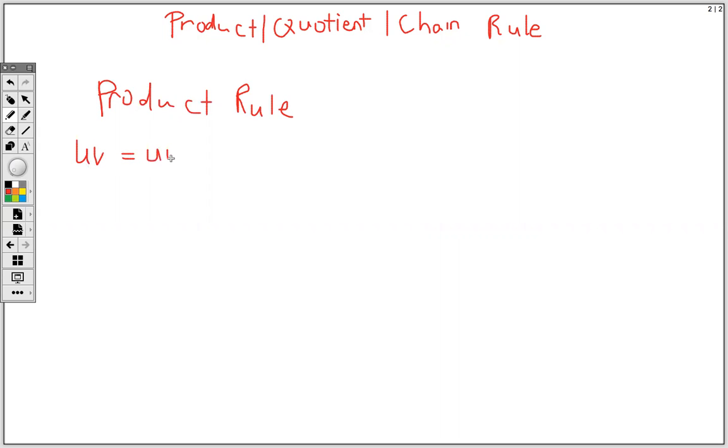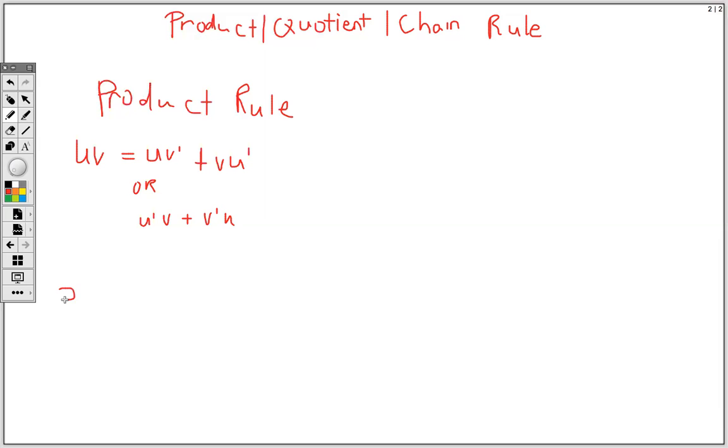The order doesn't matter. So I can have uv prime plus vu prime, or we can have u prime v plus v prime u. So order doesn't matter.